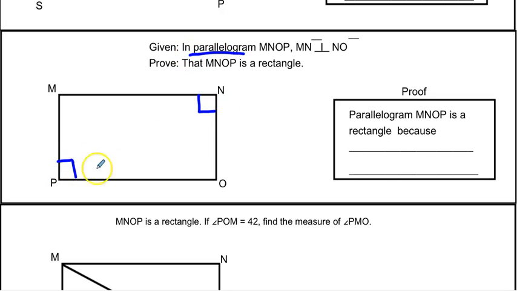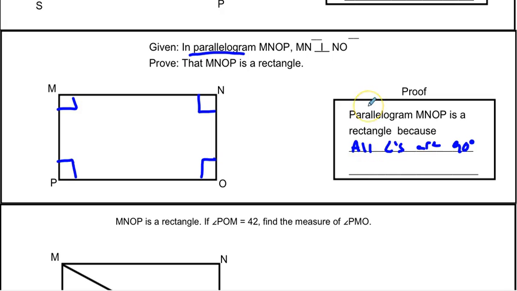And consecutive angles have to add up to 180. So if this is 90, this is also 90, and the opposite angle is 90. So if one of the angles is 90 and it's a parallelogram, look at that. It's a rectangle.